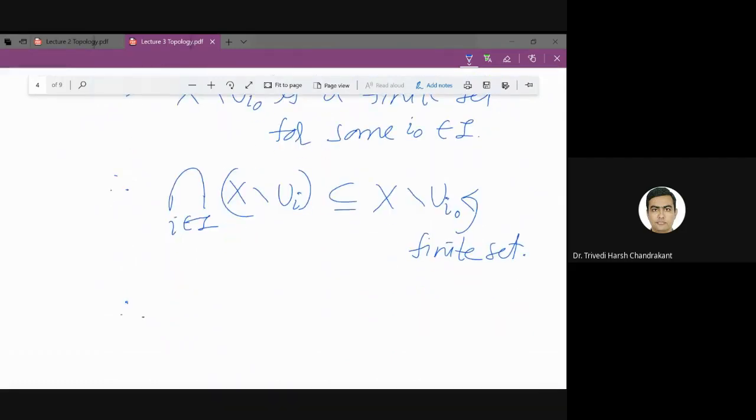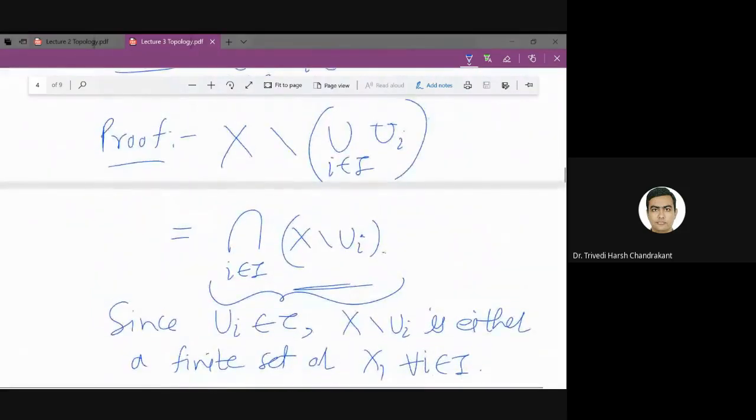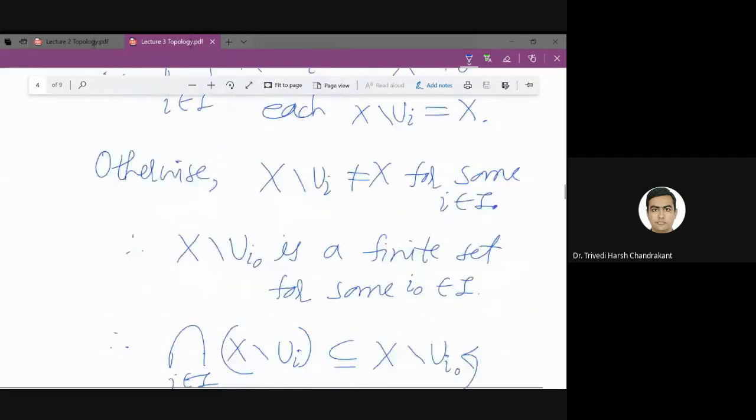Therefore the intersection over i in I of X minus ui is a finite set. So in both these cases, the complement of the arbitrary union is either X or it is a finite set.